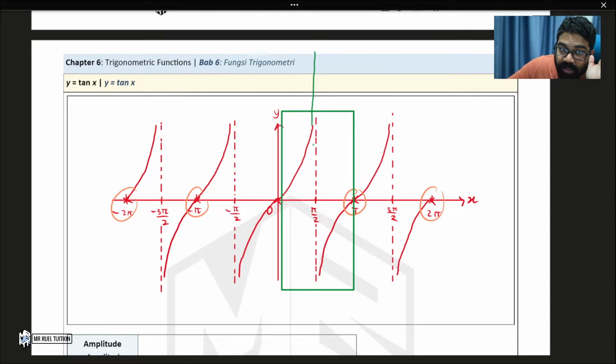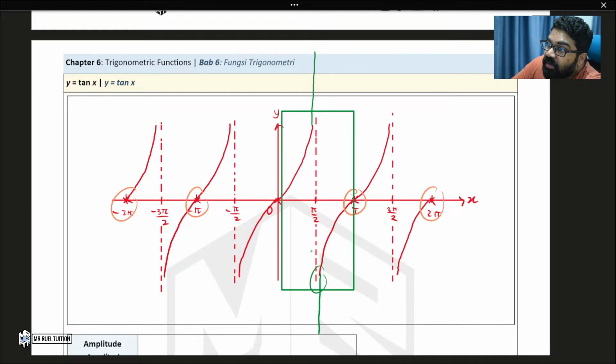Sebab dia tak boleh sentuh garis ini. It cannot touch the asymptote. So dia akan semakin dekat dengan asymptote, tapi dia takkan bersentuhan dengan asymptote. It will always be closer and closer to the asymptote, but it will never touch. Same here also. Dia akan pergi turun, go down until infinity. But it will never touch the asymptote.